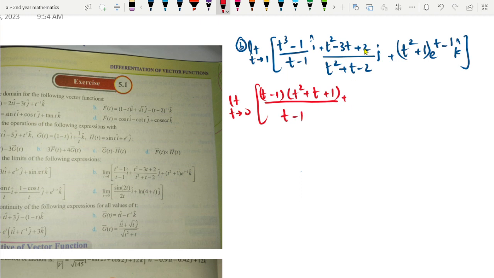Then we factorize t square minus 2t minus t plus 2, and also t square plus 2t minus t minus 2, and the last term is t square plus 1 into e^(t minus 1) k.